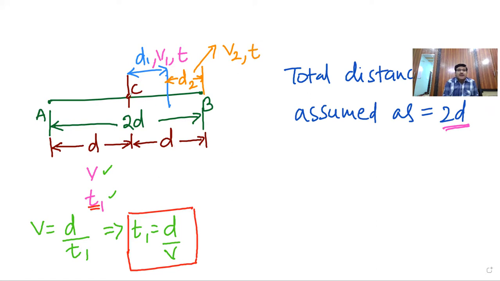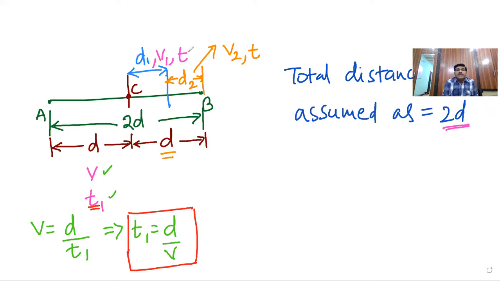Remaining of CB, the total distance is d, and out of that, d1 is covered with speed v1 for time t, and the other portion d2 at speed v2 for time t.